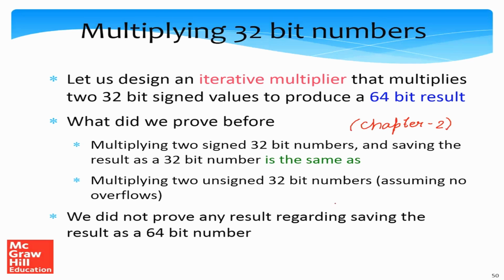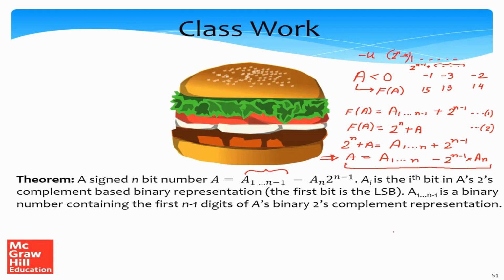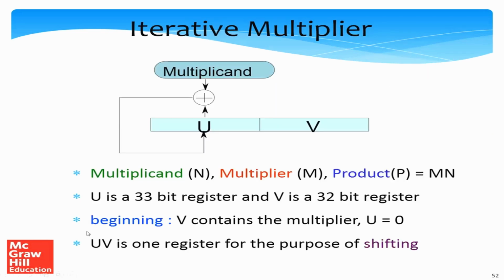We want to multiply two 32-bit numbers, a times b, and save it in a number called c. But this number is, mind you, not a 32-bit number, it's a 64-bit number. It's a larger number. So this result will not hold, but with the help of this theorem over here, we will be able to solve this problem very easily.